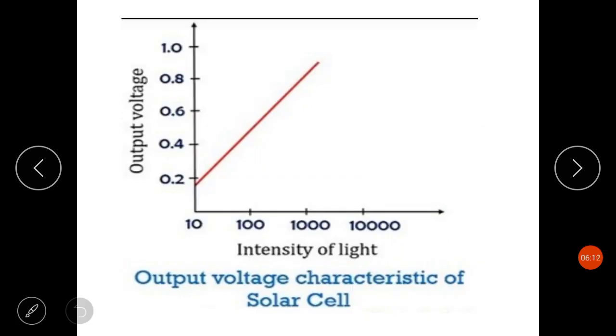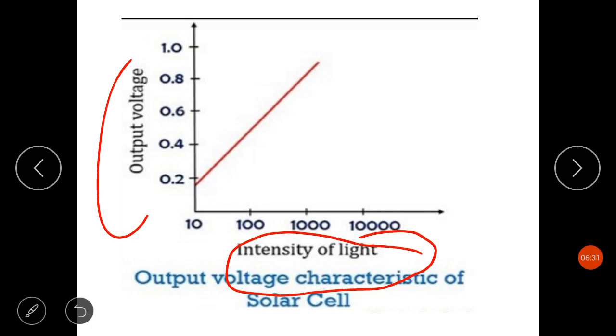Next I am going to discuss the output characteristic of a photovoltaic cell. This figure represents the output voltage characteristic of a solar cell. Here the x-axis represents the intensity of incident light and the y-axis shows the output voltage produced.